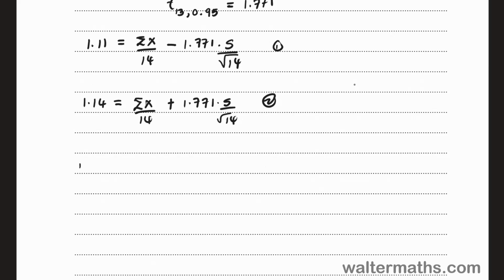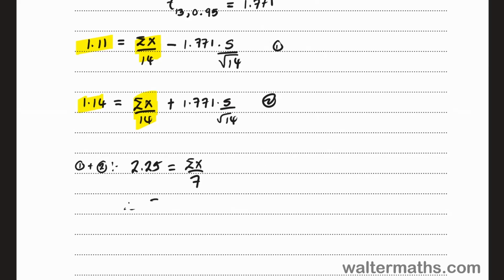So equation 1 plus equation 2 would give us, if we add here 1.11 and 1.14, we get 2.25. So we have 2.25 being equal to, now we add this and this, where we get 2 of sum of x over 14, which is like sum of x over 7.